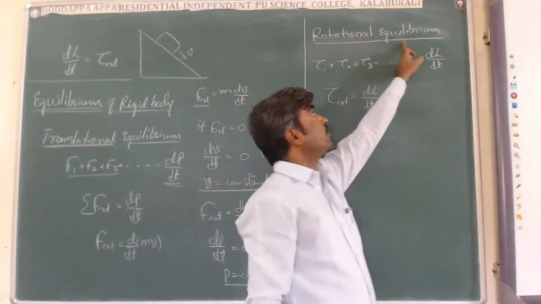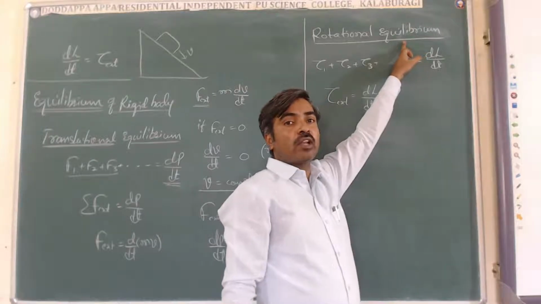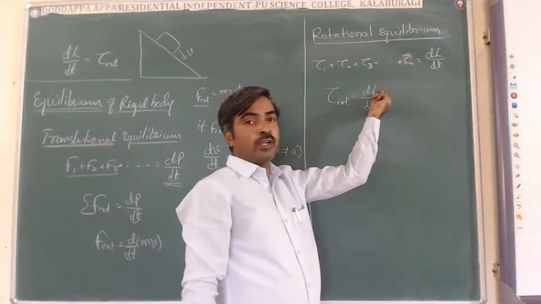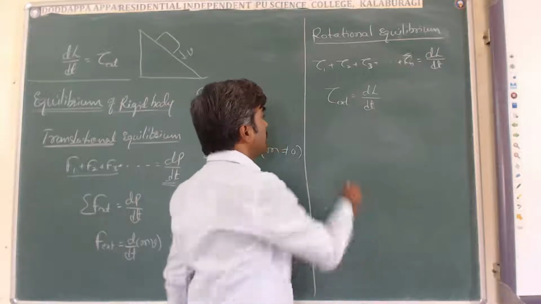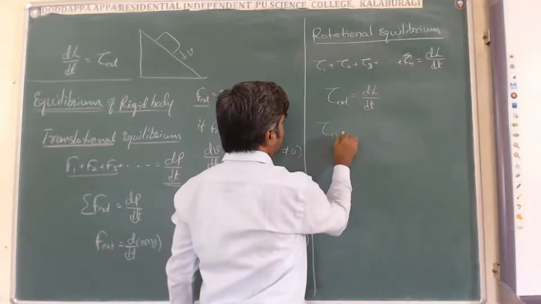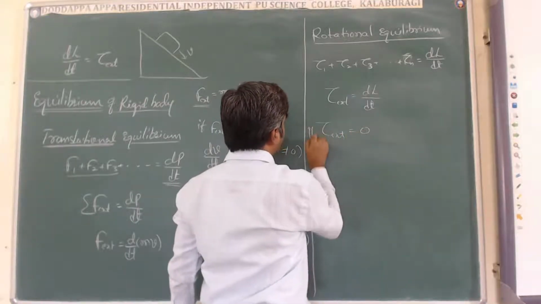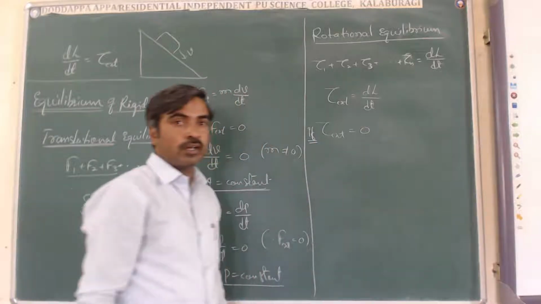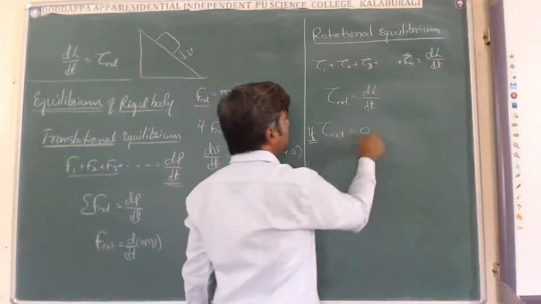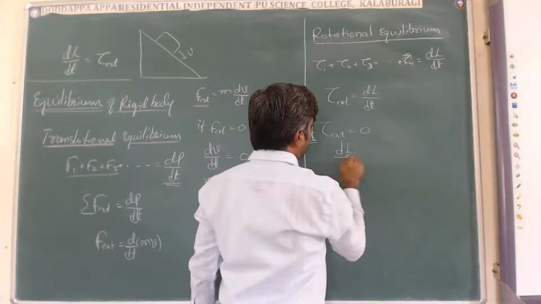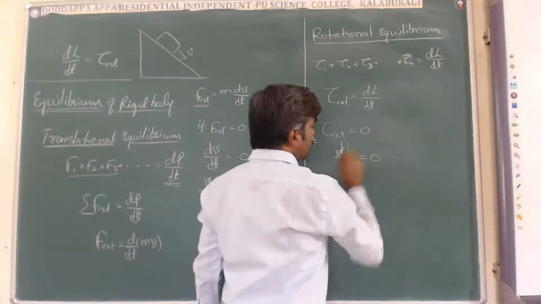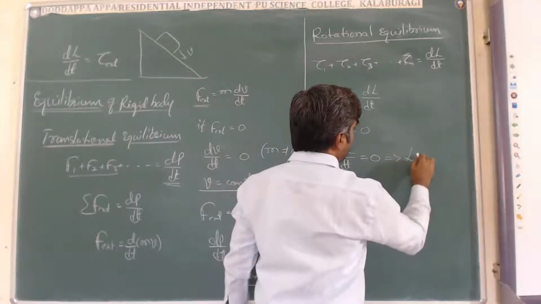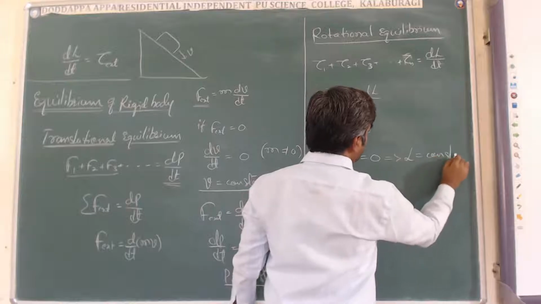Then we can say that it is rotational equilibrium. So this angular momentum should be constant. For that, I should write external torque should be 0. If external torque applied is 0, then we can write dL by dt is equal to 0, which means L is constant.